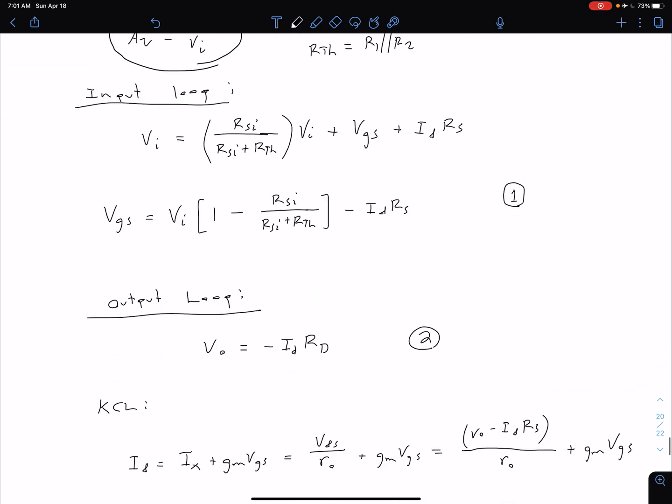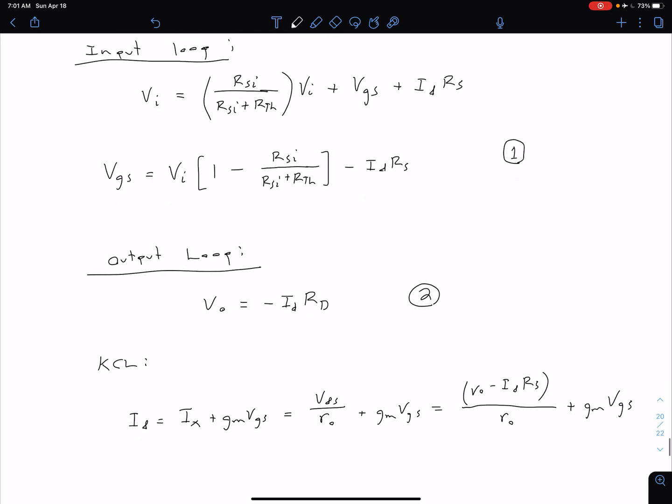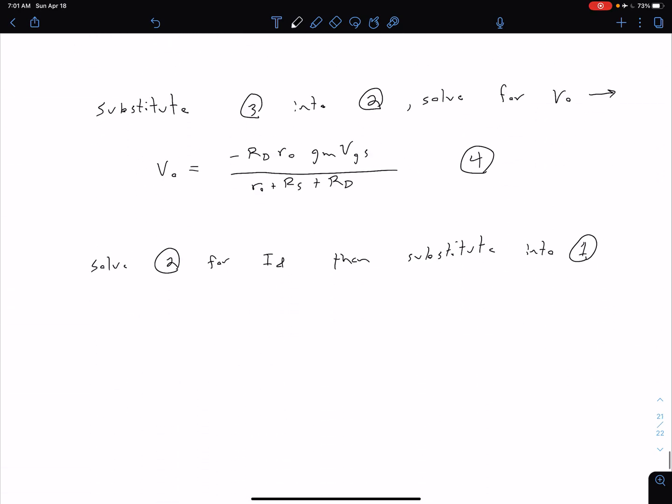We've got some expression here in terms of ID, so we'll solve this for ID, and then we're going to come up here to equation 1 and plug that in for our ID here. After we do that, we're going to substitute that modified equation 1 into our equation 4.